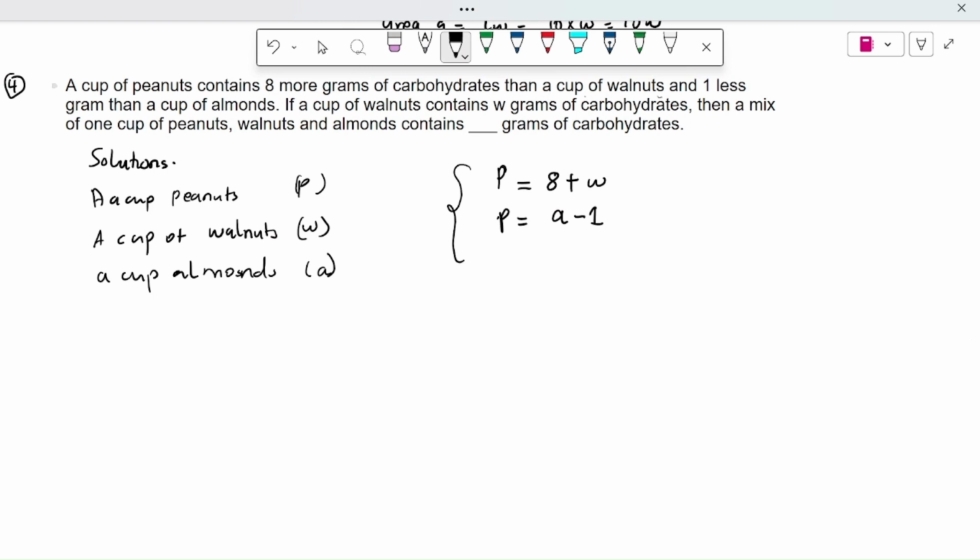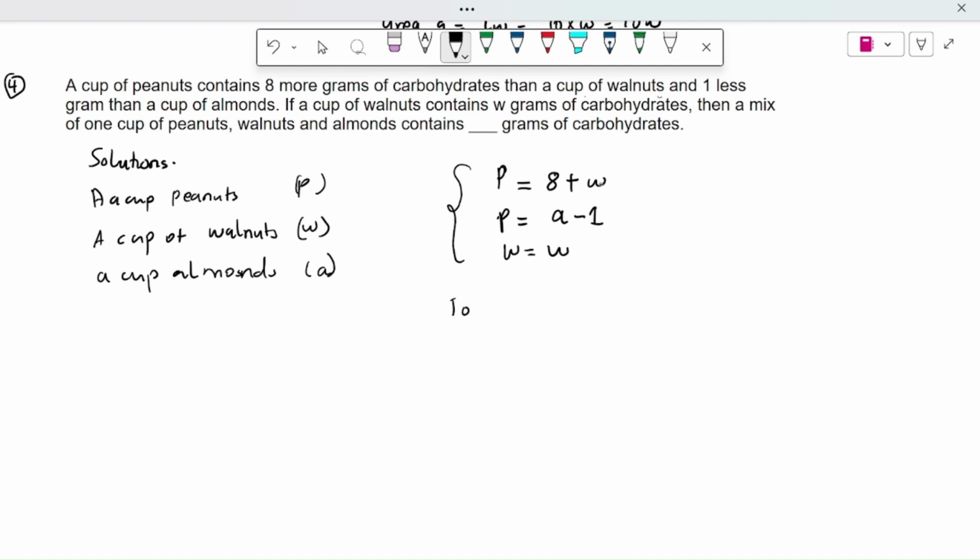If you go to the next sentence, it says if a cup of walnuts contains W grams of carbohydrates, then walnuts is equal to W. Then we have to find the mix of all.